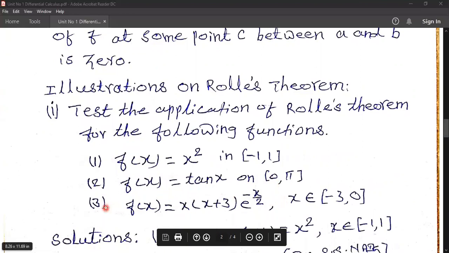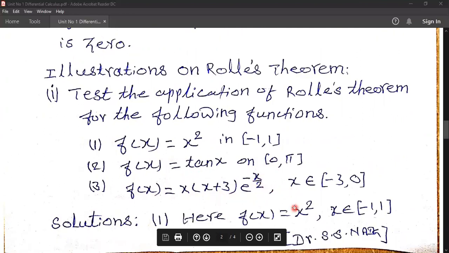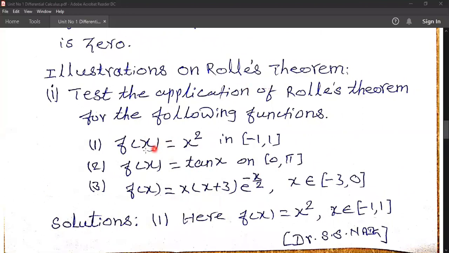And the third question is f of x equal to x times (x plus 3) multiplied by e to the power minus x upon 2, where x belongs to the closed interval [-3, 0]. We'll just see whether these functions satisfy Rolle's theorem or not.